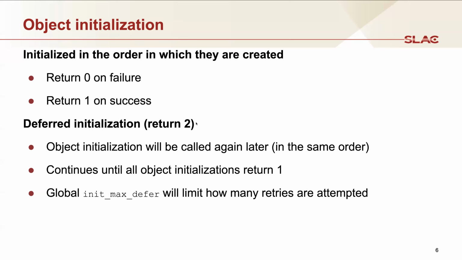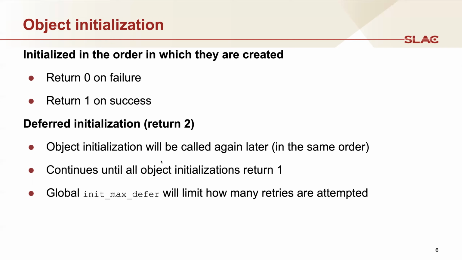However, an object can defer initialization if, for example, it needs another object that it has some relationship to be initialized. It can return a status of 2, which basically means call me again later. It will actually call them in the same order, but only the ones that have deferred initialization.